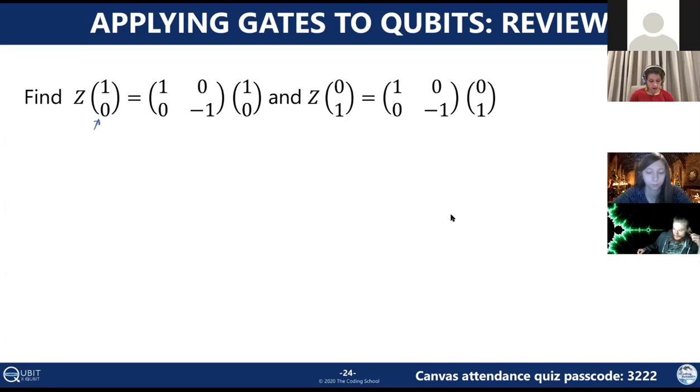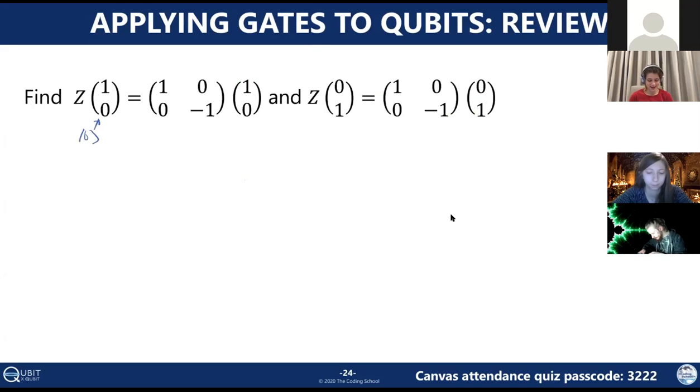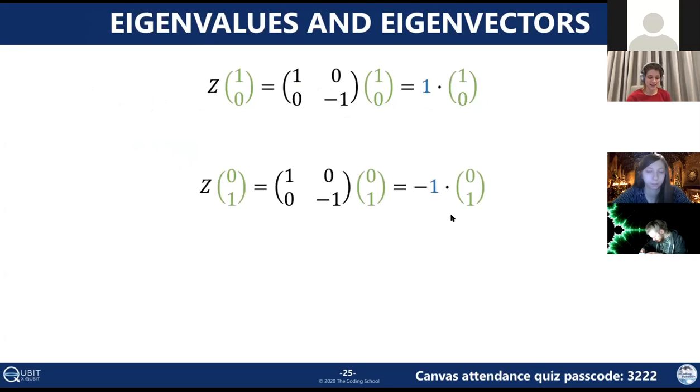If we put in the 0 state and multiply our 0 state by our Z gate, we just end up with the same value out times 1, which in this case is our eigenvalue, and this is our eigenvector. I'll just go to the written out version so I don't go through things too slowly.